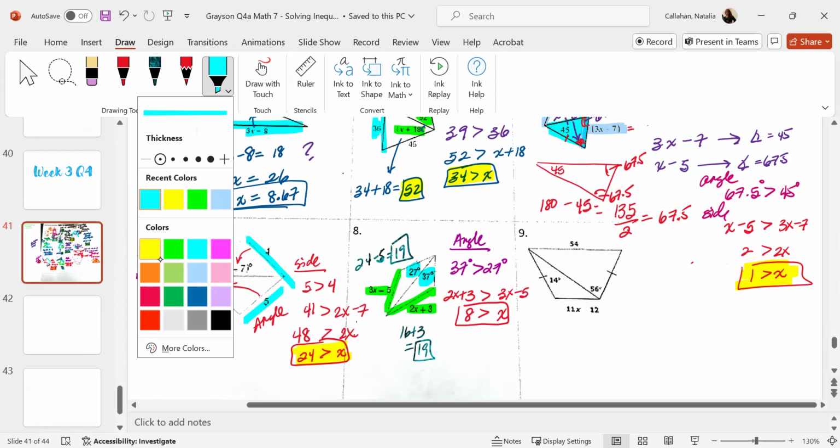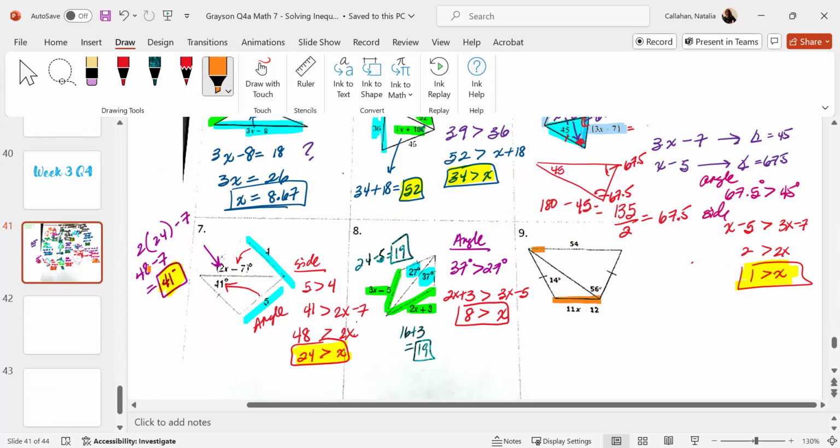All right, so when I look at this one here, is it 11x minus 12? Yeah, I believe it is. Okay, you get the two sides, correct? Now you gotta look for the angles.